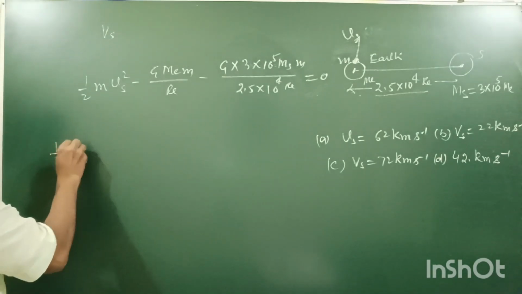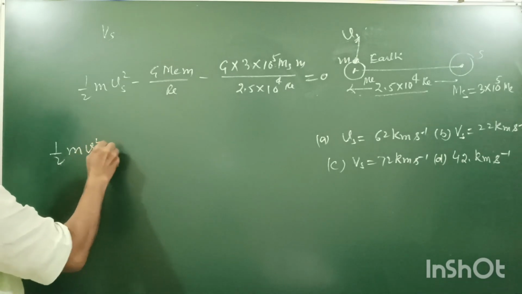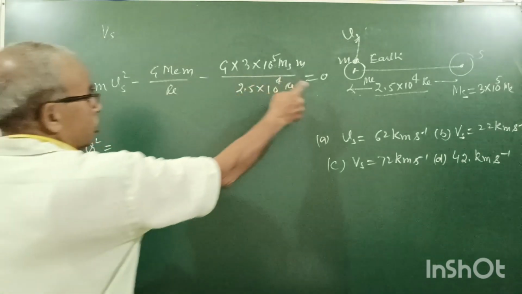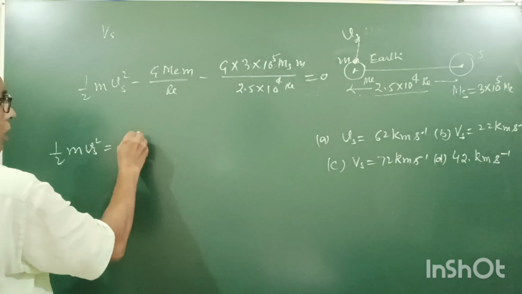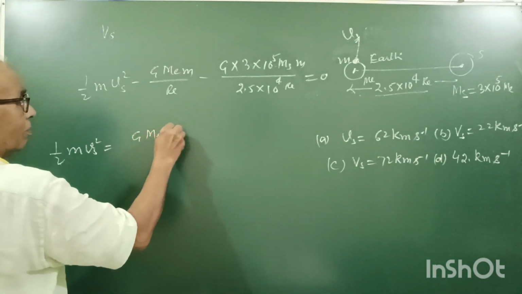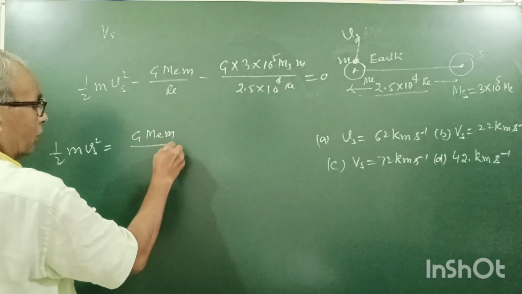So half m Vs square is equal to, this will all become positive, G Me m upon Re common.